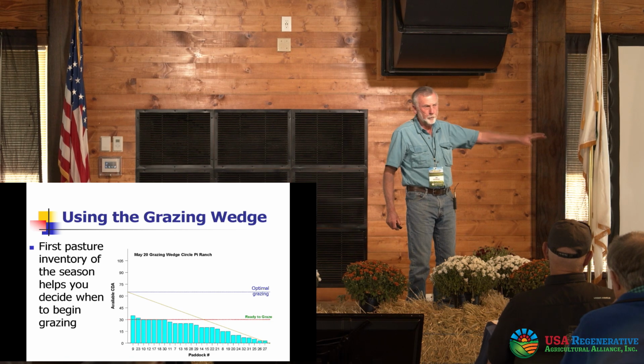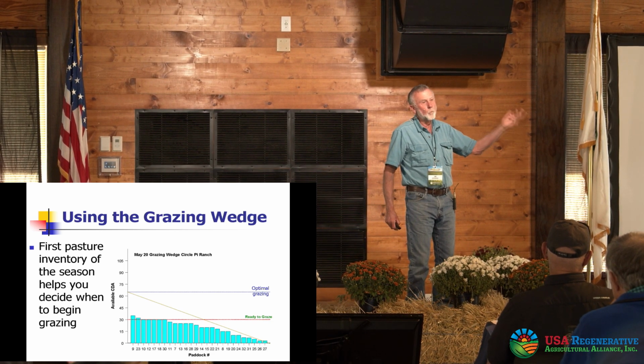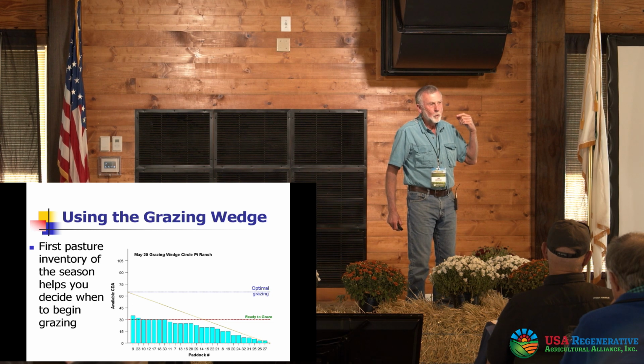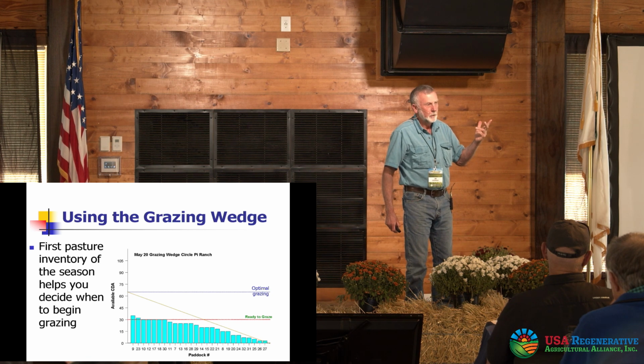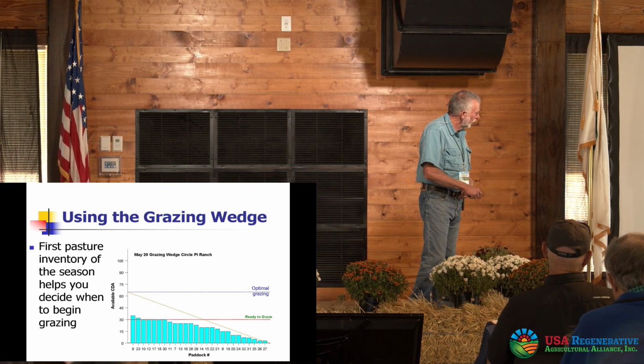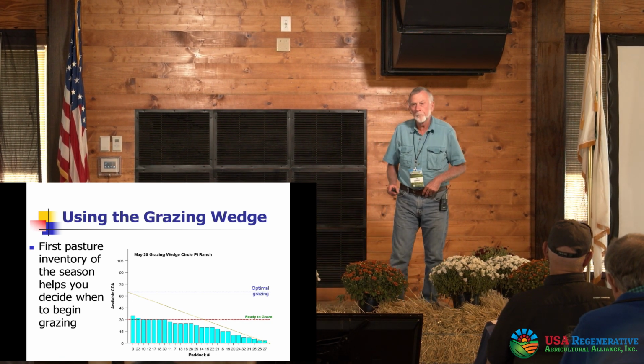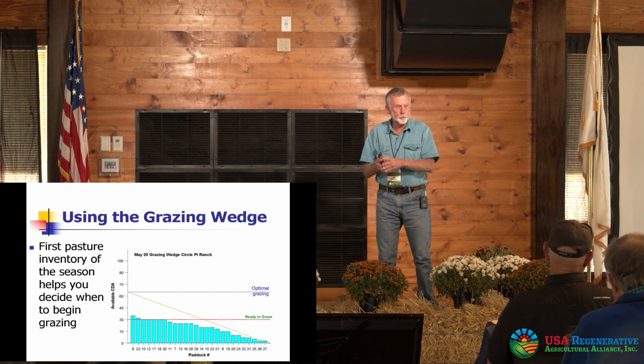The cattle stay all winter down at the main ranch. They bring pairs up to me when I say I'm ready. And my key to being ready, like I say, is when 25% of my paddocks have 30 AUDs per acre. That's when I'm ready to start grazing.